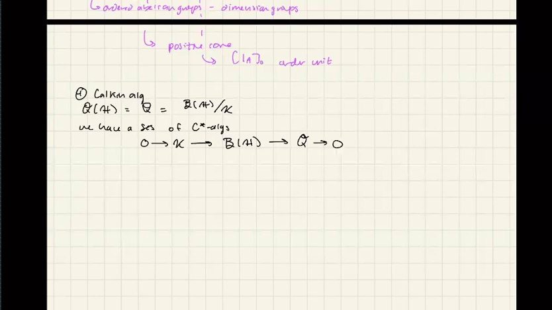So Rachel showed us last time that if we have a short exact sequence of C-star algebras, we get a 6-term exact sequence for K-theory. So, which induces a 6-term exact sequence for K-theory, which we get here.